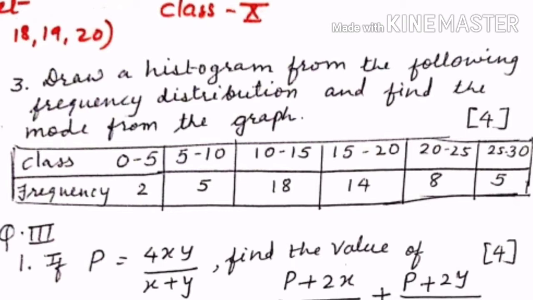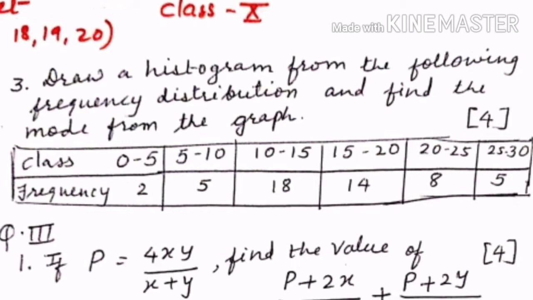There are no gaps between these numbers as we are drawing a histogram. And on the y-axis you will take frequency. The lowest number is 2 and the highest is 18, so from 2 to 18 you can choose your scale by yourself and draw the histogram.